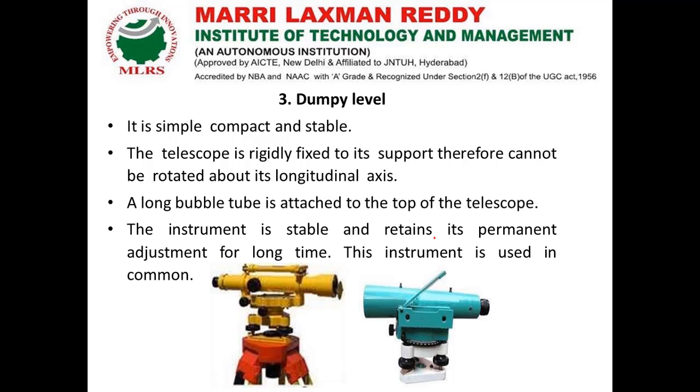The telescope is rigidly fixed, therefore it cannot be rotated in the vertical plane. We can rotate it only in the horizontal plane, so movement in the vertical plane cannot be done.